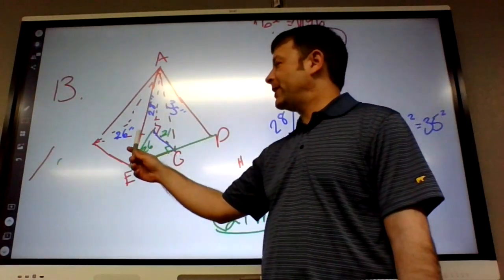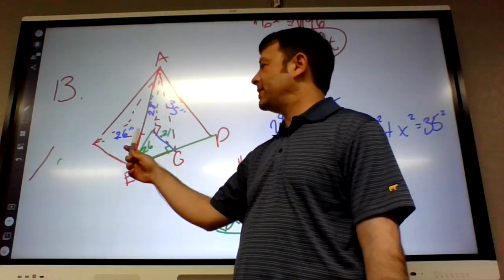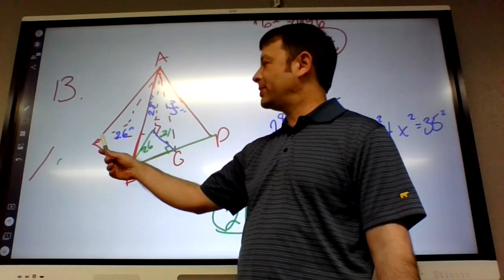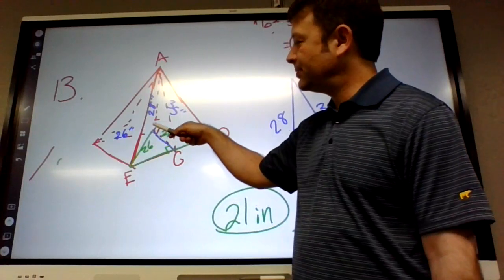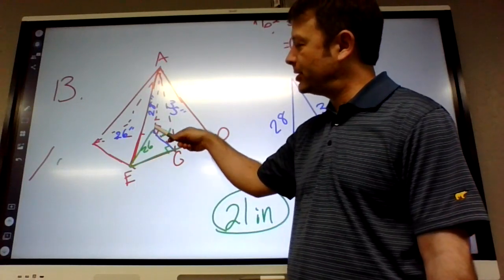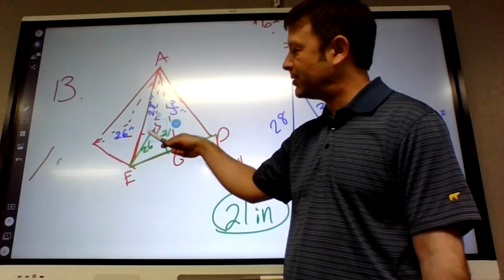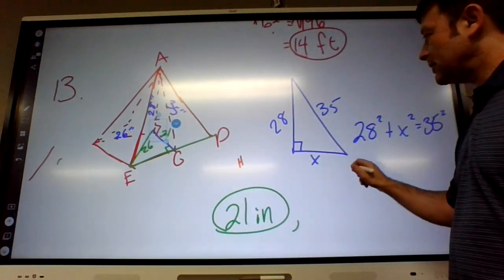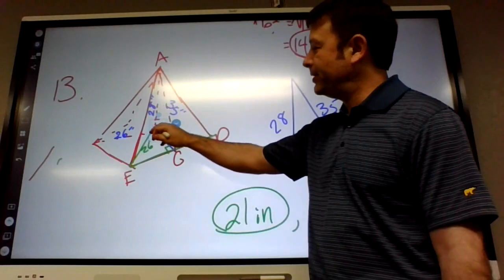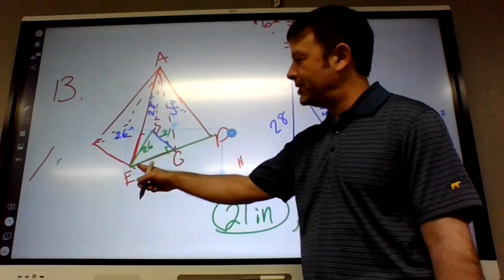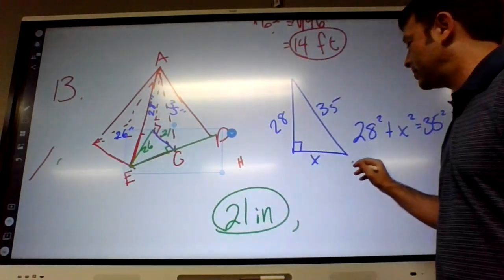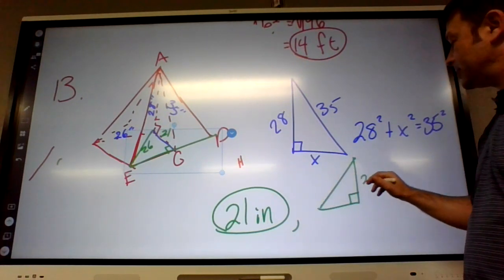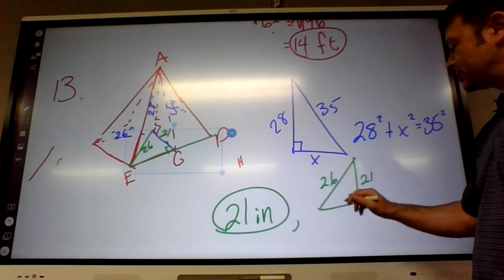Another fact they told us is that this line right here is 26 inches. That's like a radius of the pentagon. So if I draw the radius right here, the book didn't do this, but that would be 26 inches. And the apothem is perpendicular to the edge, so it makes another right triangle. If I redrew it, it looks like this: 21, 26.